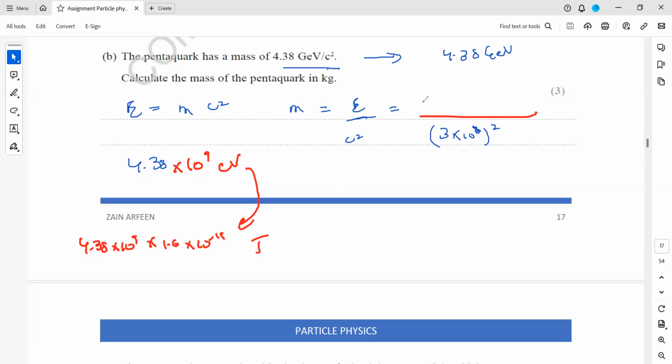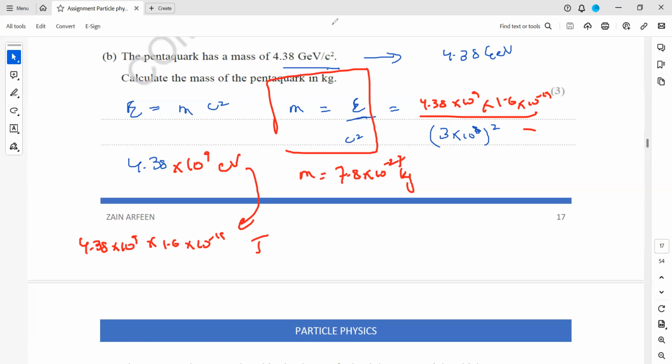When we multiply this and divide it by the speed of light squared, we'll get the mass in kilogram, kg, which is 7.8 into 10 power minus 27. So whenever you find the mass in kilogram, remember to convert the energy from giga electron volt or mega electron volt into joules.